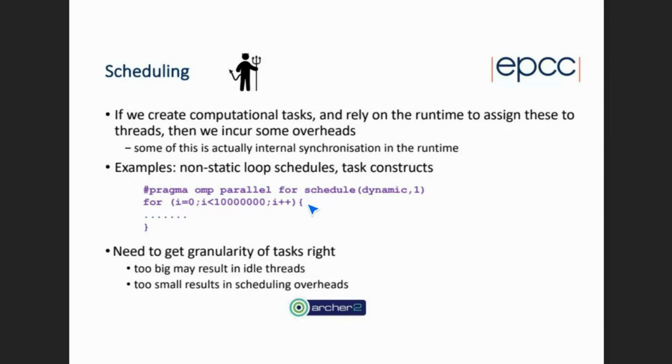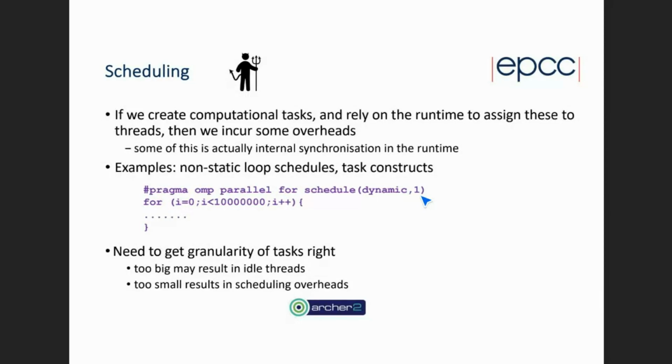As we talked about this morning, you need to get the granularity of tasks right. That also applies to the loop schedules, where it translates to getting the chunk size right.